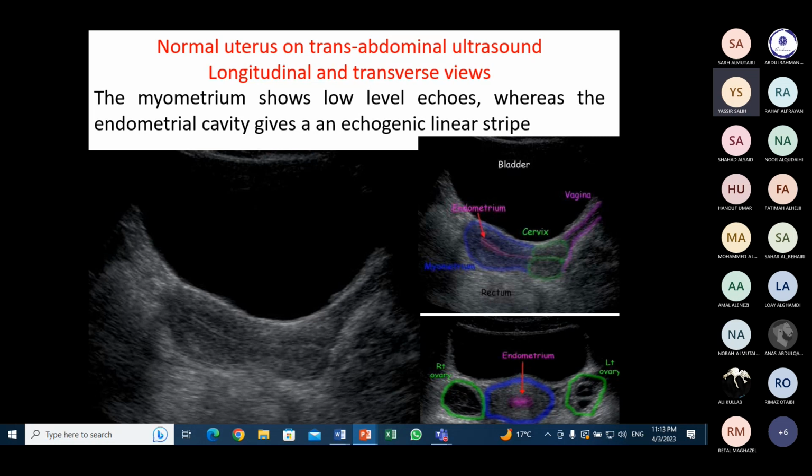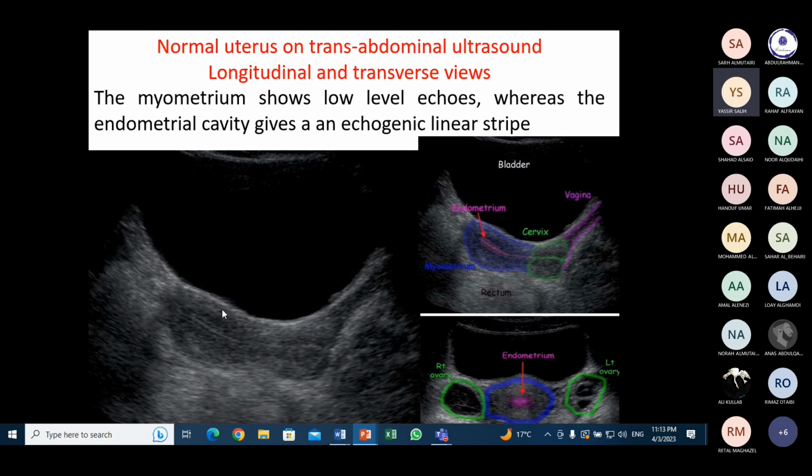Why transabdominal? To answer this, look at the urinary bladder. This is urine within the urinary bladder. Urine appears anechoic, totally black, in ultrasound. So this urine in the urinary bladder is used as a window to look at the uterus.